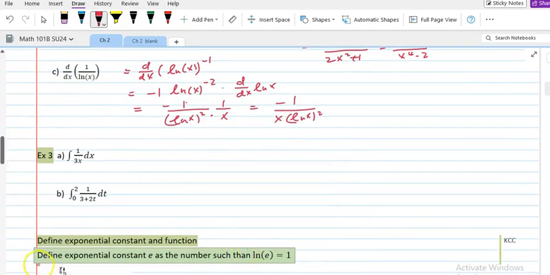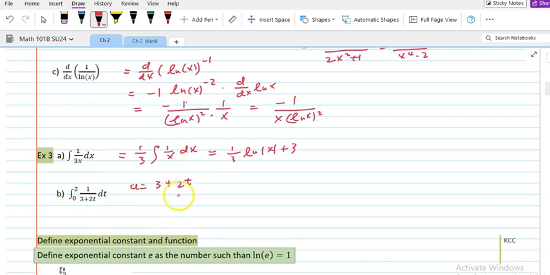The next example is the integral of 1 over 3 times 1 over x. I'll move the 1 over 3 out, and it's 1 over x dx. Whenever I have 1 over x dx, that's ln absolute x, so that means ln absolute x plus c. What about this one? I would need to do substitution, because I can only do 1 over u. I would say u is 3 plus 2t, so du would equal 2 dt.